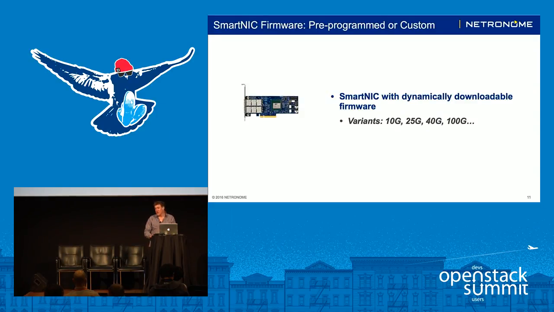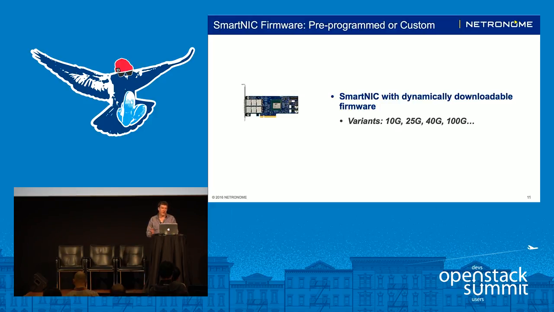Let's say, however, that is not enough for you. You want additional flexibility that's not offered by the match action tables in these data paths. Fortunately, the SmartNICs have dynamically downloadable firmware. And this firmware can even change while the SmartNIC is running.